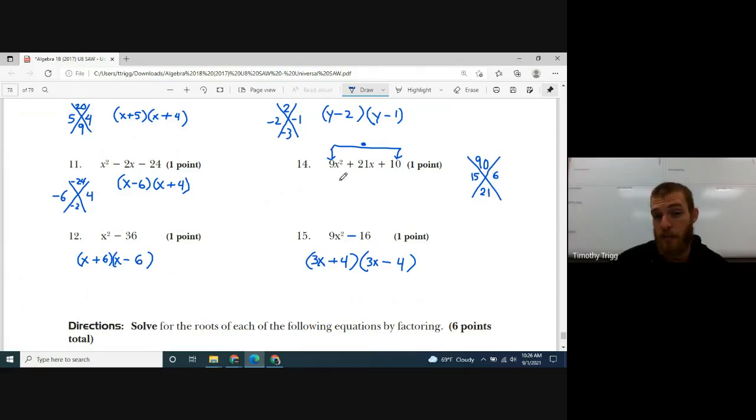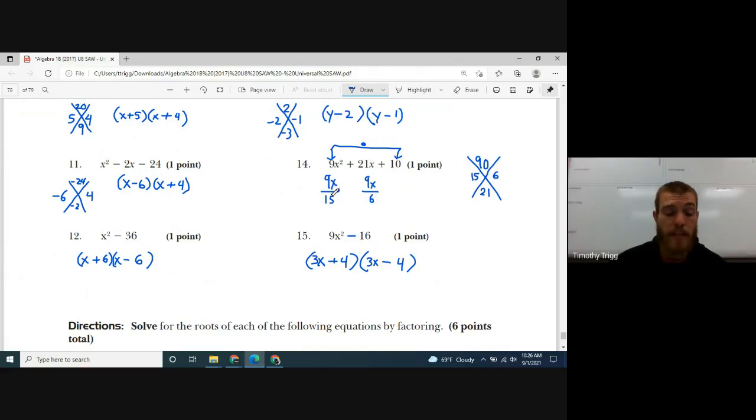Now there's another step we have to do. Whenever you have to do this multiplication, there's also another step. So what we do is we would take 9x, and I'm getting that from here, over 15. And then we do 9x over the 6.